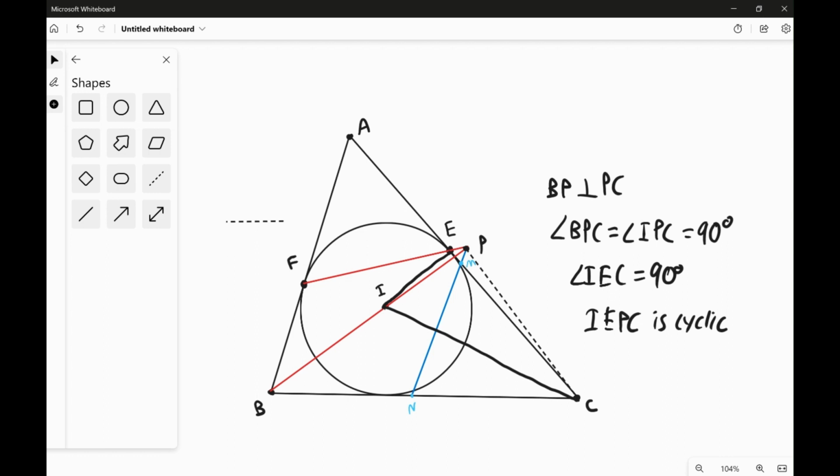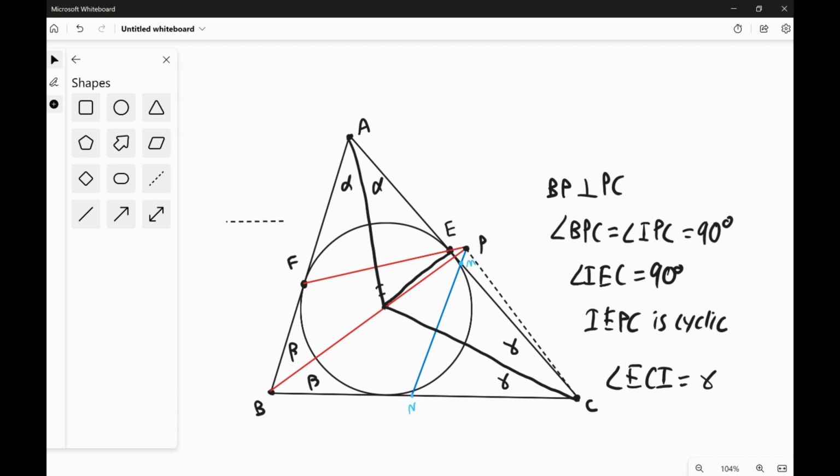Well, we already know what angle ECI is. And if this is gamma here, and then this is beta and beta, and then we draw this line here just so that we can complete the angle bisectors and get alpha and alpha. And this is just equal to gamma.